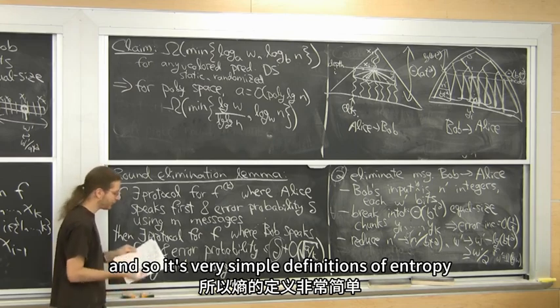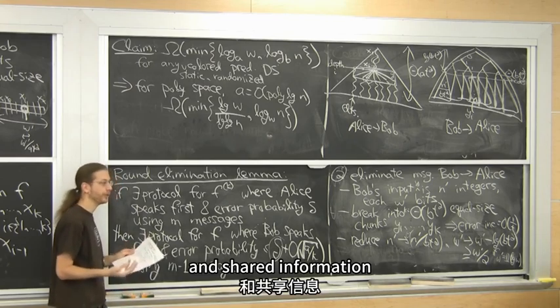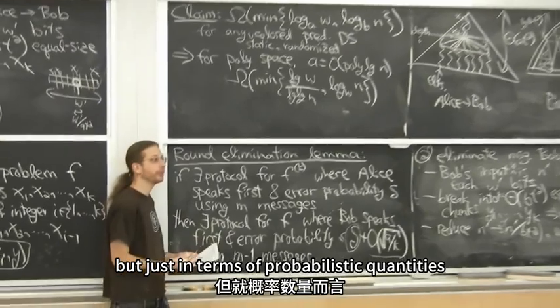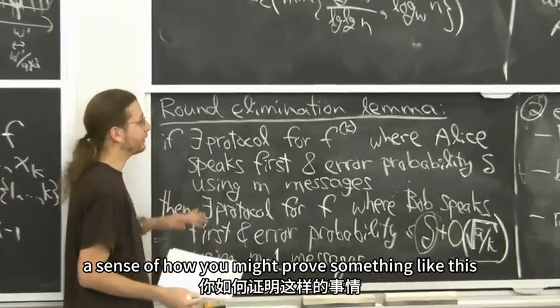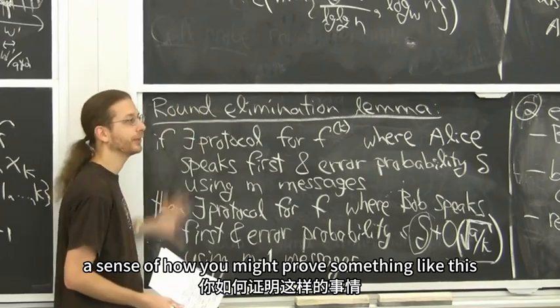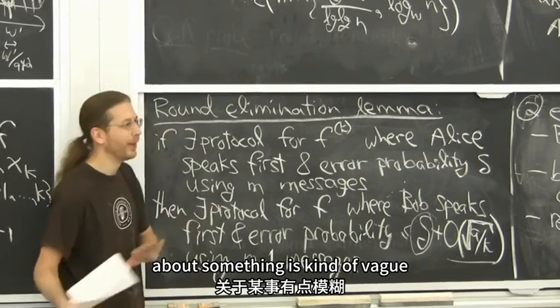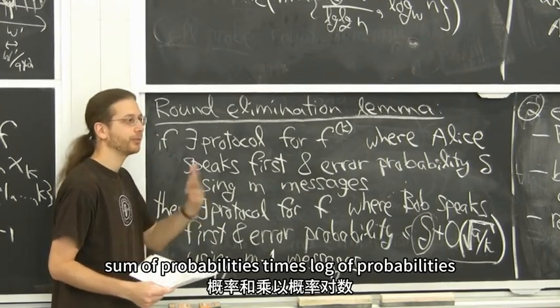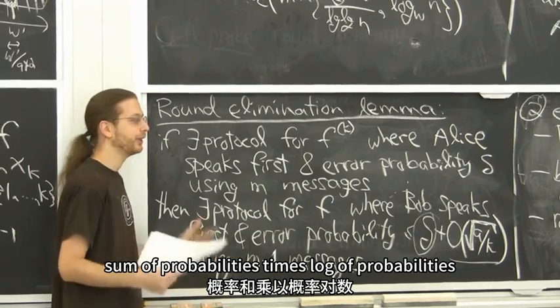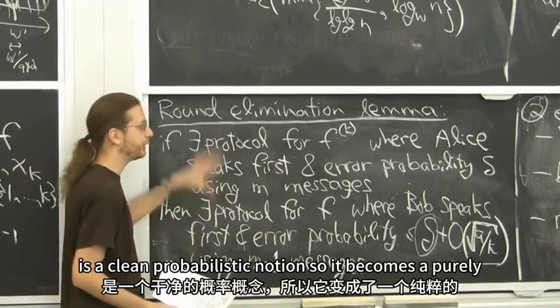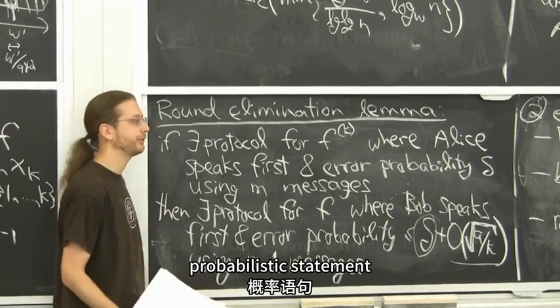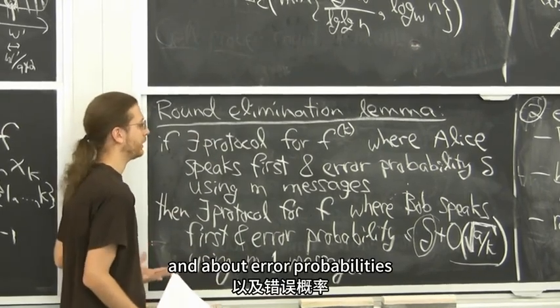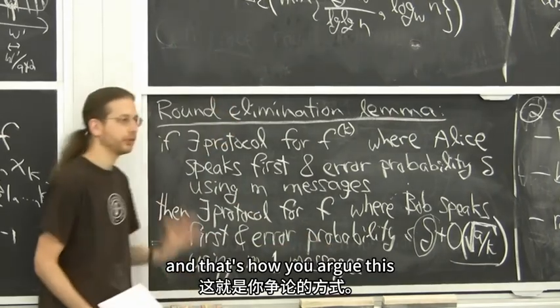These are very simple definitions of entropy and shared information, just in terms of probabilistic quantities. Talking about information about something is kind of vague, whereas talking about entropy, which is about the sum of probabilities times log of probabilities, is a clean probabilistic notion. So it becomes a purely probabilistic statement about error probabilities, and that's how you argue this.